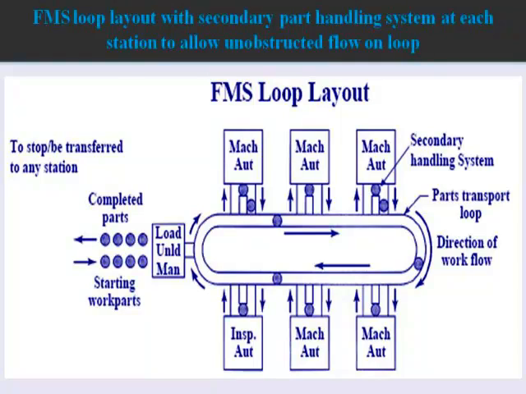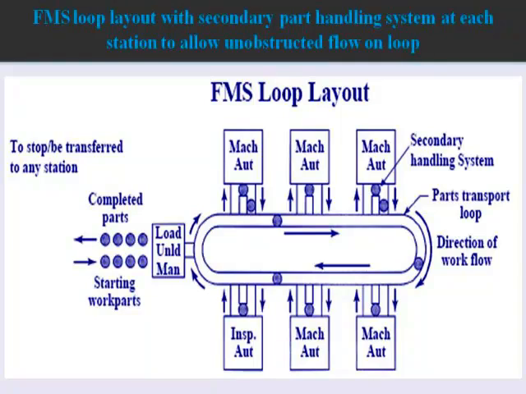Then the part has to revisit the same machine. This is called recirculation of parts, and the system should be capable of allowing it. This can be done in this kind of loop layout, a rectangular layout with recirculation of pallets, and the pallet can move to the same machine for the 20th operation. This is another kind of layout used for recirculation.